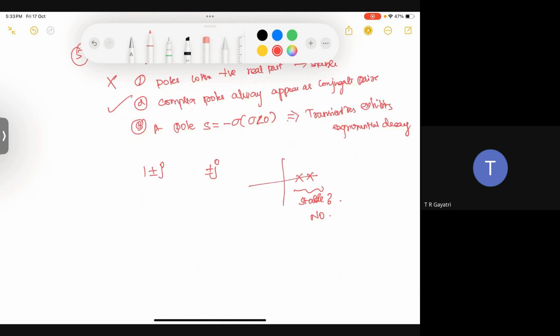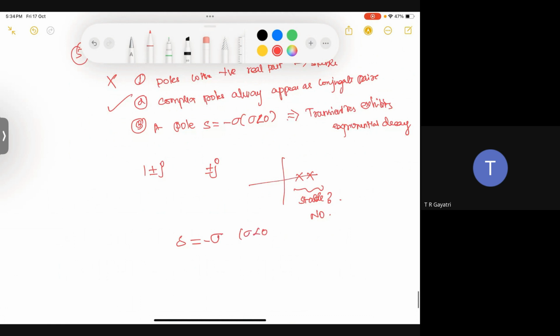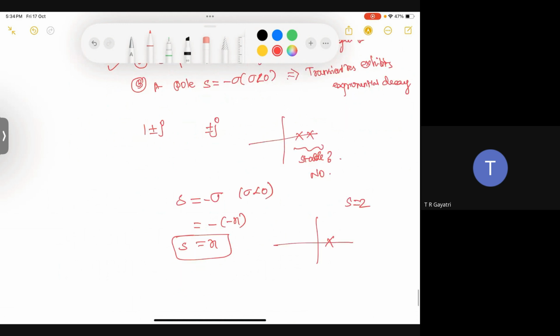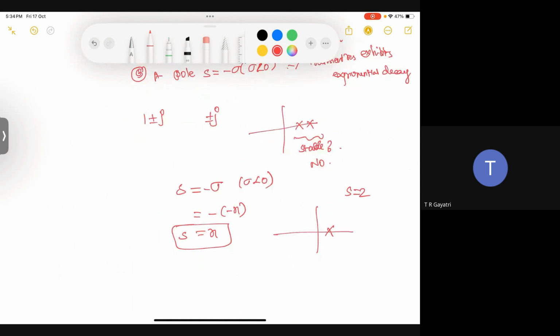And the third one, you have to be a little careful because it is S equal to minus sigma where sigma less than 0. So sigma will be a negative term, some minus x, so S will be x, a positive value, in the right of the S plane. Will a system having positive real parts have a transient response that exhibits exponential decay?